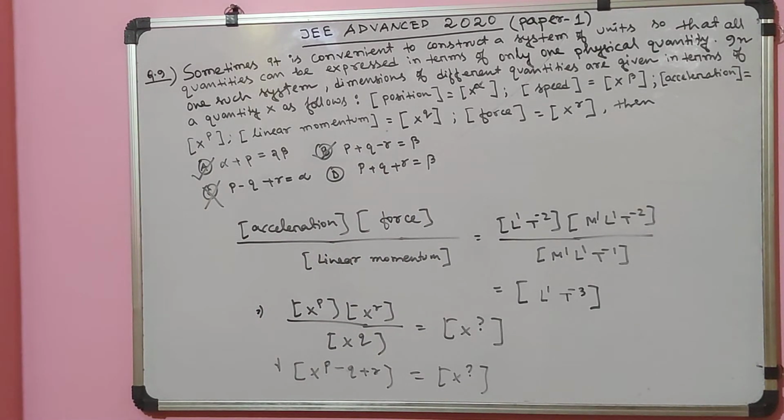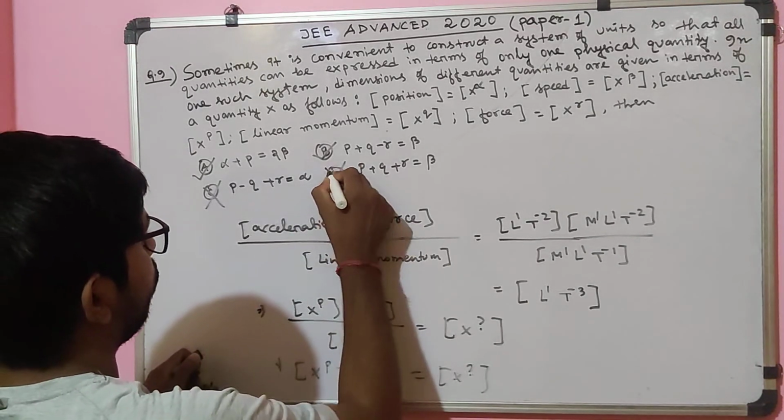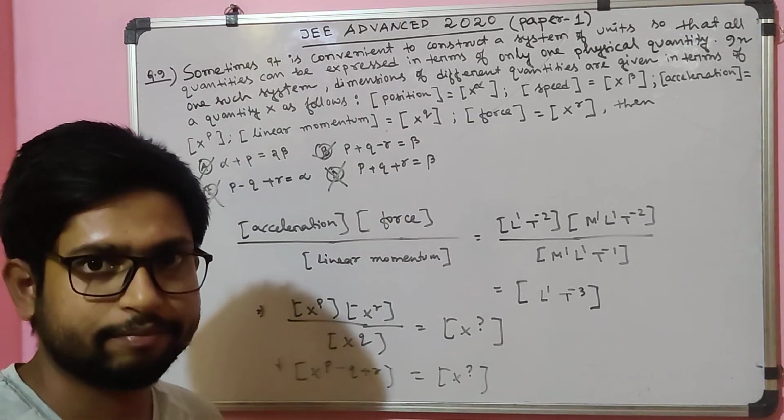Acceleration times linear momentum by force was speed, so acceleration times linear momentum times force cannot be speed. So option D is also wrong. Okay, thank you.